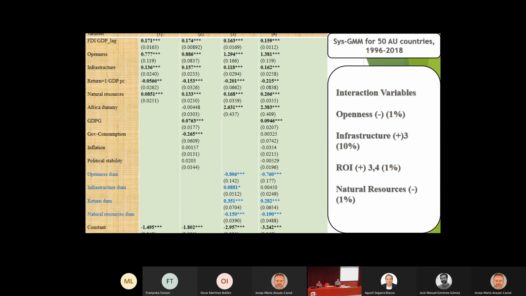The impact here is different before and after. The same variables, before crisis and after crisis. We put here the Africa dummy variable, but here interacted with openness for variables.